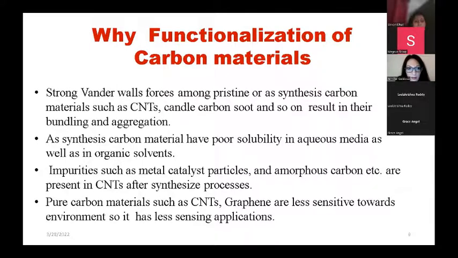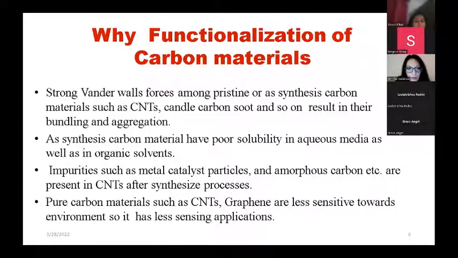So here I'm going to show you why people are using carbon materials for gas sensing. But what are the difficulties when we use carbon materials? Firstly, any carbon materials like graphene, CNT, or carbon soot have strong van der Waals forces. So aggregation and bundling of these materials appears when we talk about these pristine materials. Also, these materials have poor solubility in aqueous mediums like water, ethanol, so bundling appears very quickly.